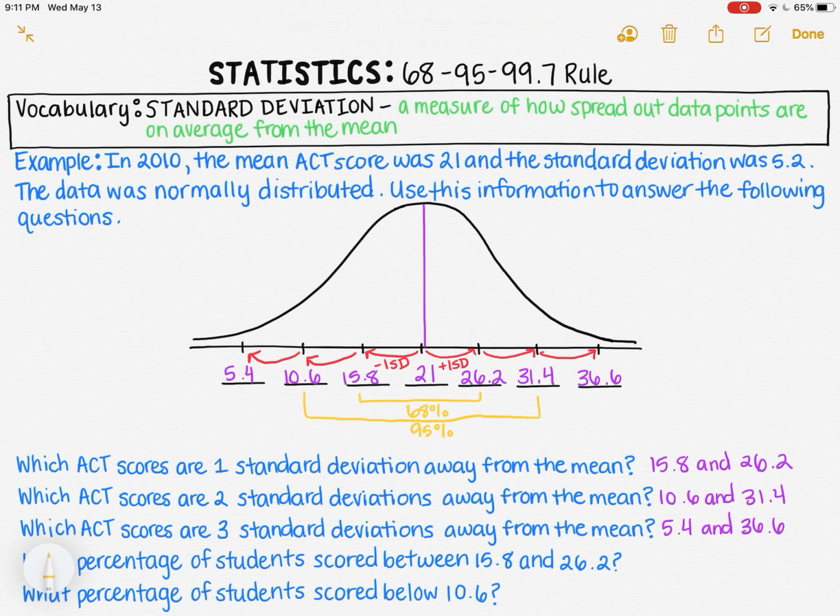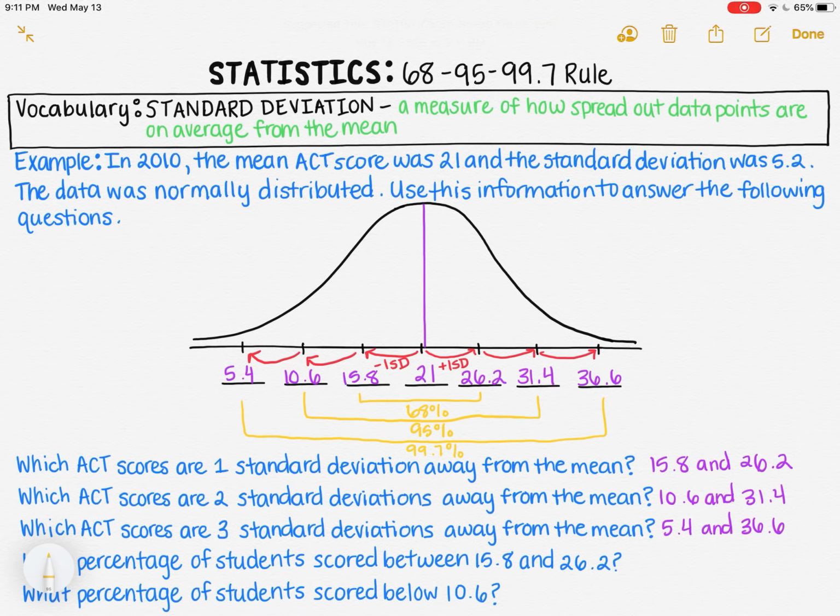Now the 99.7 is telling us the percentage of people that have data within 3 standard deviations of the mean. So in this case, it's telling us that 99.7% of students scored between 5.4 and 36.6. So as you can see, 99.7 is very, very close to 100, but not quite.